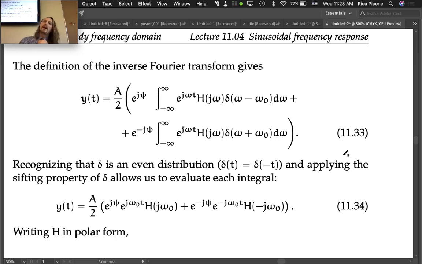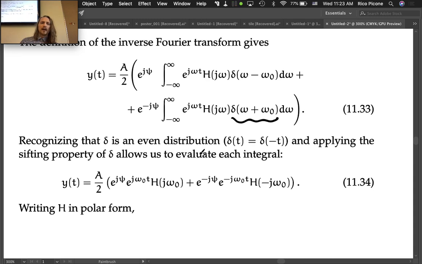But remember, when we integrate over a Dirac delta function, good things happen, right? It's a little easier than usual. So we integrate and use the sifting property. We recognize that delta is an even distribution. That's another property that we'll use in evaluating this integral.